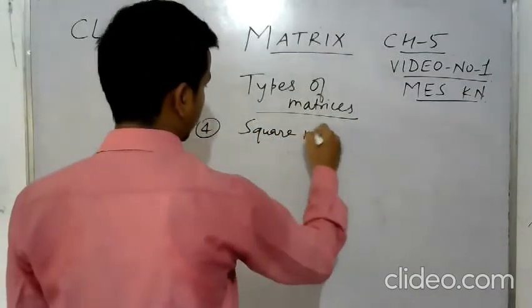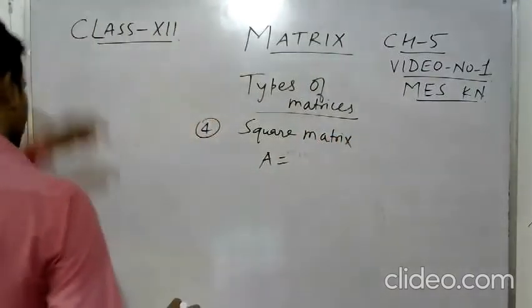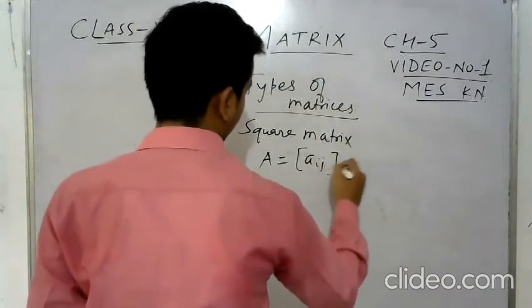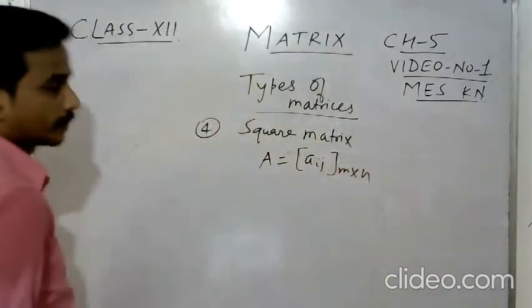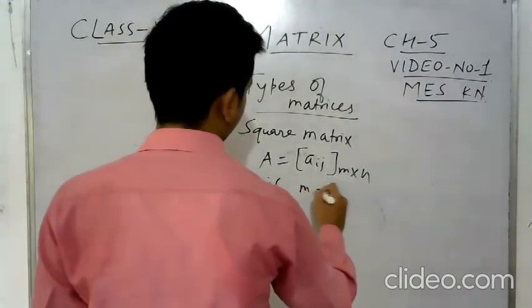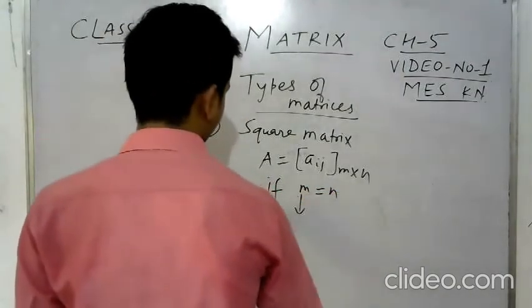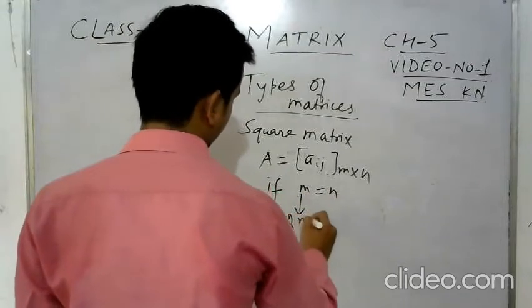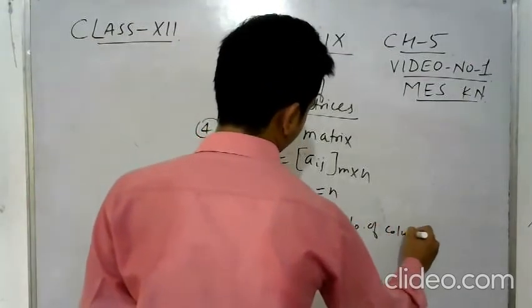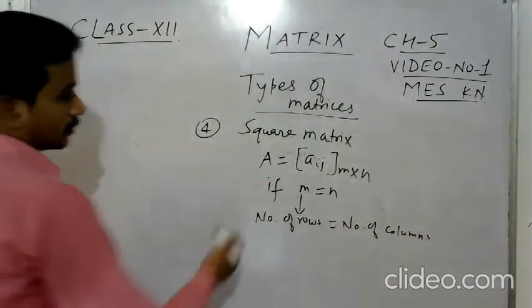Suppose there is a matrix A equals Aij of order m by n, and if m equals n, that is, the number of rows equals the number of columns, then such a matrix is known as a square matrix.